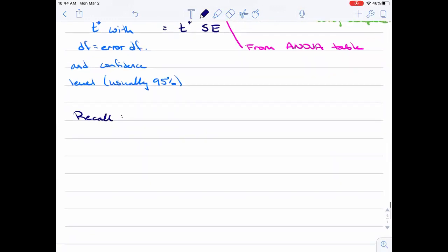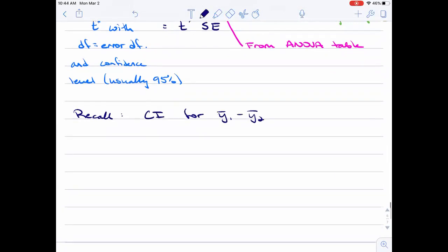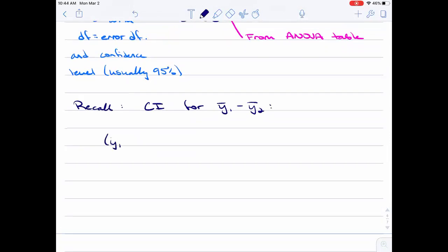Recall that the confidence interval for y1 bar minus y2 bar was y1 bar minus y2 bar, the difference between the two means, plus minus t star, which we found the exact same way, with the error degrees of freedom and whatever confidence level we want, times the square root of the mean squared error times the square root of 1 over n1 plus 1 over n2.